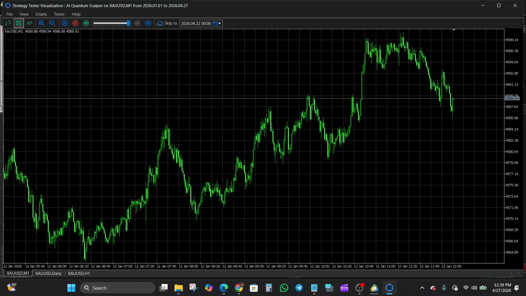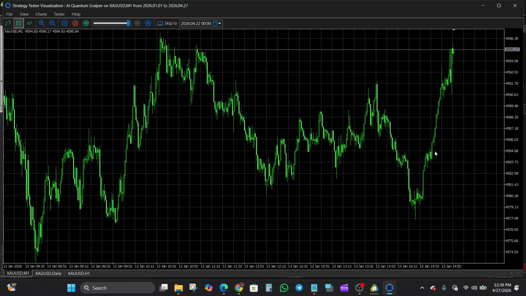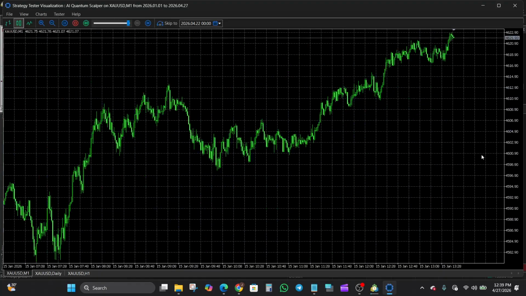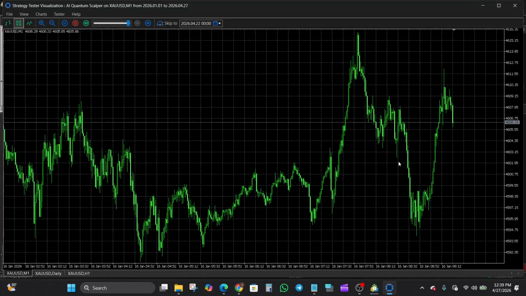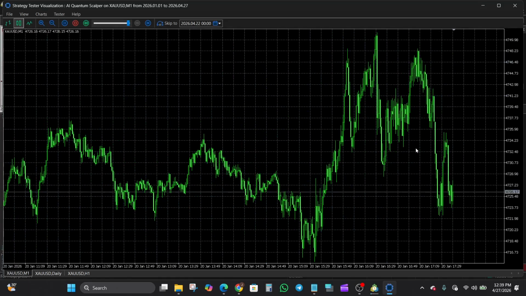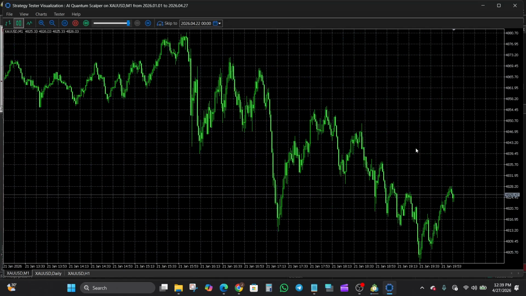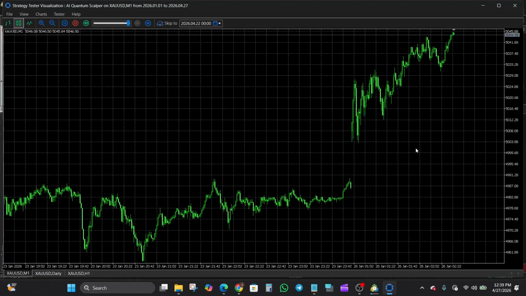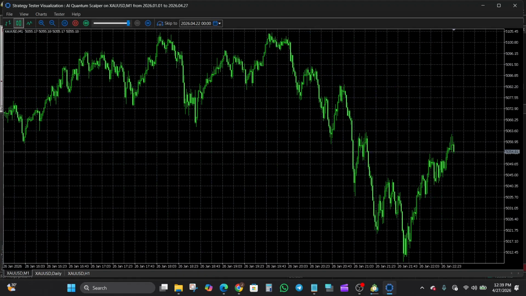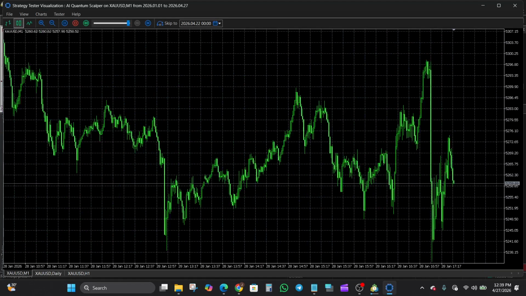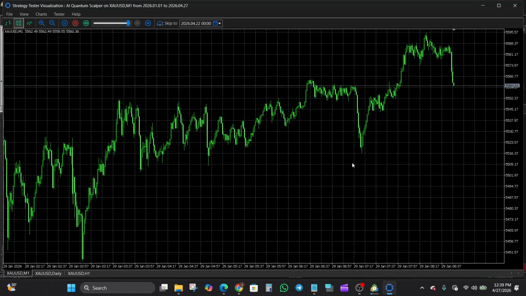All right, so we can see that this EA is not stacking up trades. It's carefully looking for opportunities, selecting its trades based on the strategy. Risk logic is very important. You can see that the EA is not reacting emotionally.